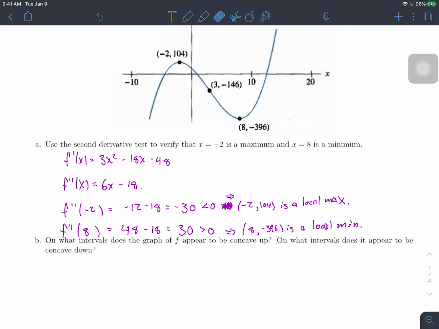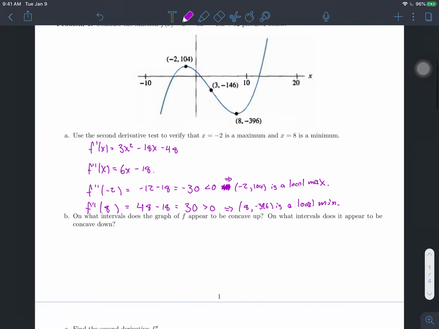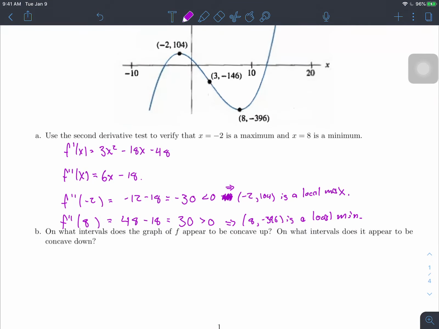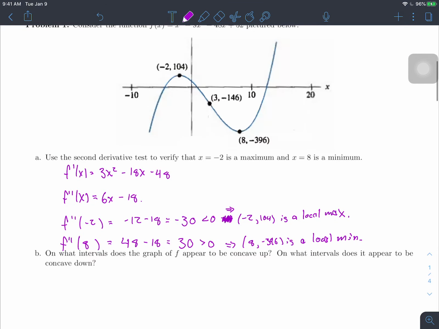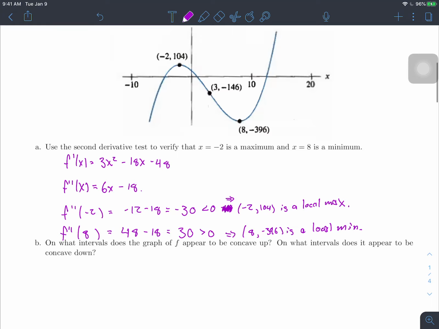Can somebody give me an interval on which we're concave up? Yeah, so from 8 and to the right, this part of our graph is certainly concave up. That looks concave up to me. Any other places where we're concave up?